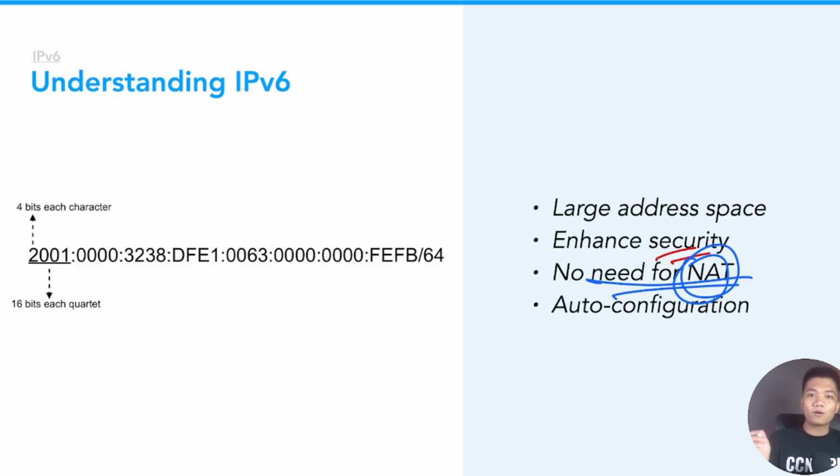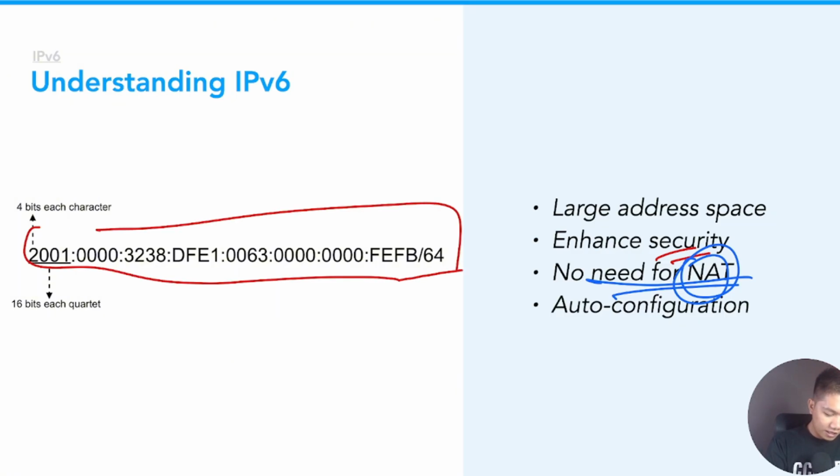In the next video, we're going to go deep into the format and how we are going to read this. Right? So how does it come to be 16 quartets, 4 bits per character, and so on and so forth. Okay, so this is just an introduction and I hope it's been useful to you.